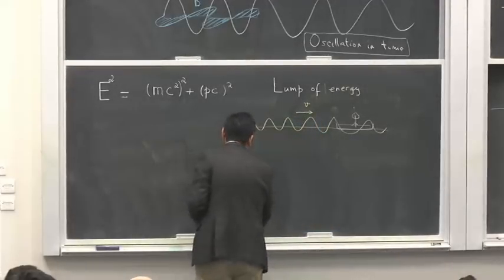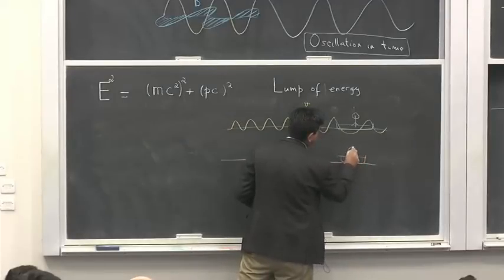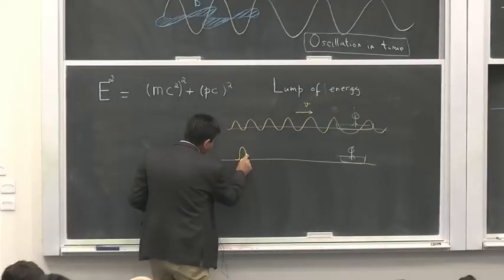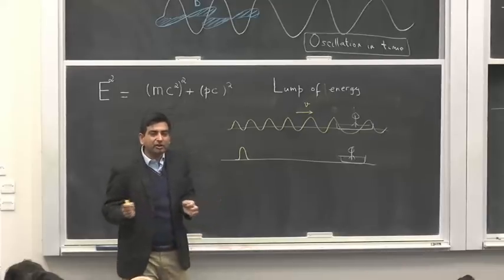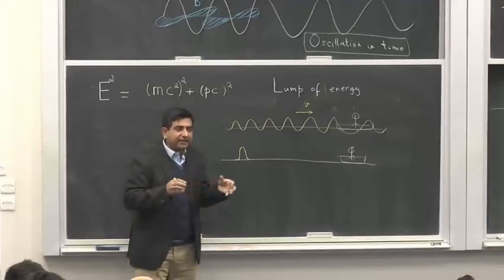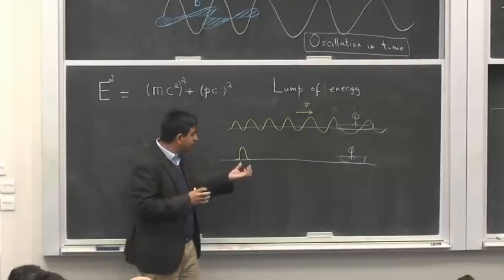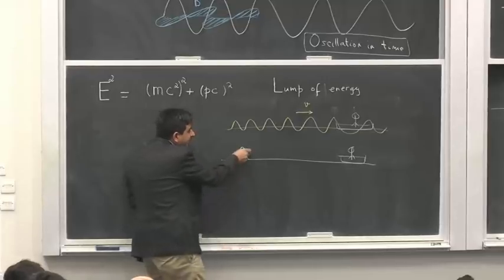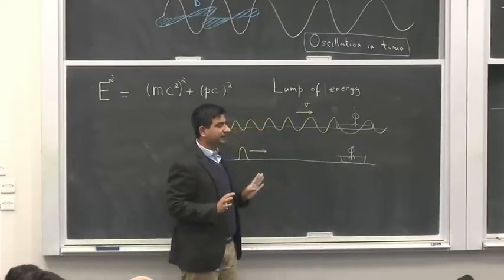However, if the same person is hit by a tsunami of this kind, a small, congregated, lumped form of oscillation, energy lumped together only in this region, and this pulse is now moving with a certain speed.